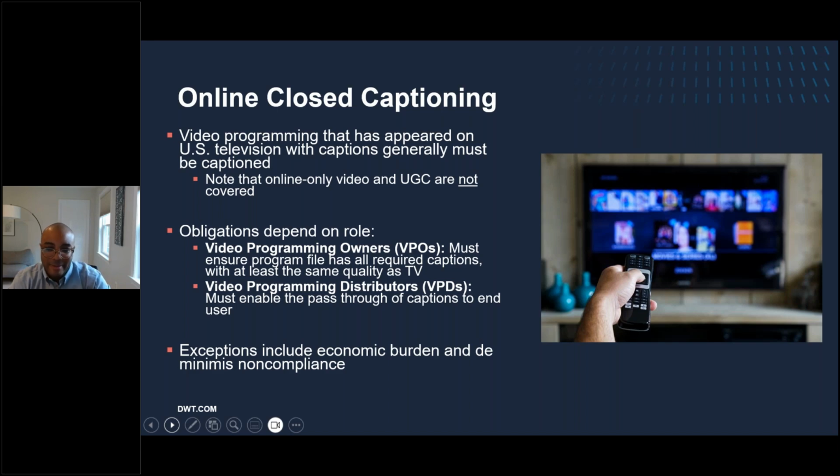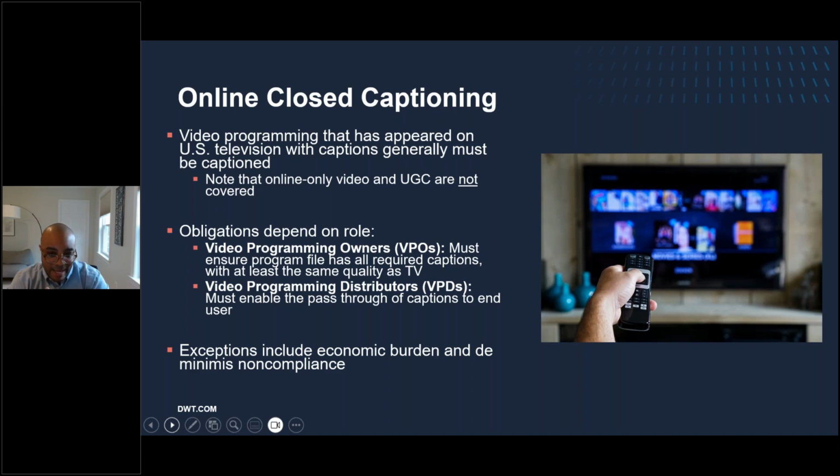So if you have, say, an app that provides streaming services that only provides content that appears online, so like a YouTube or something like that, you wouldn't be covered. This would only cover things like if you could stream Friends or Frasier or other shows that actually appeared on TV.